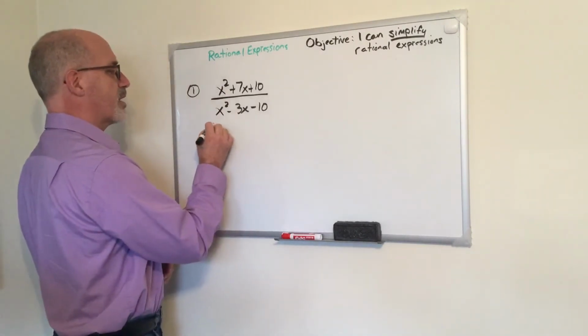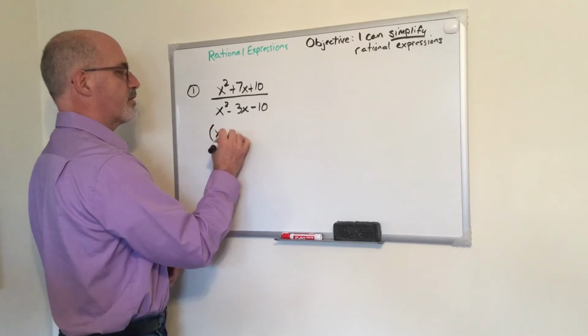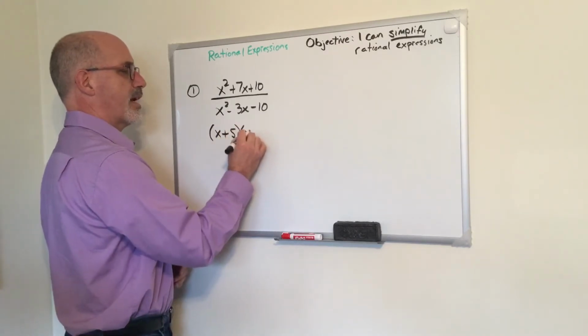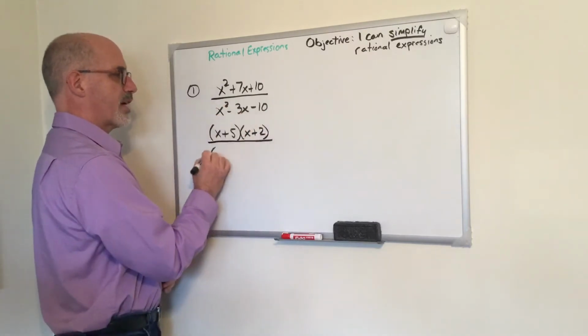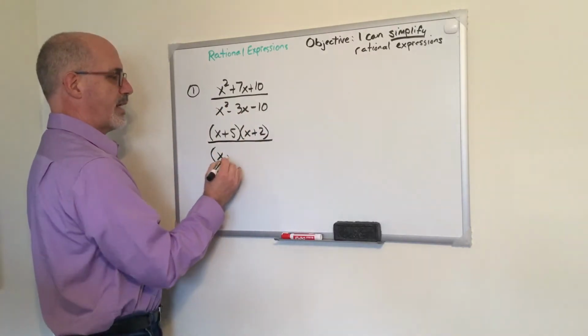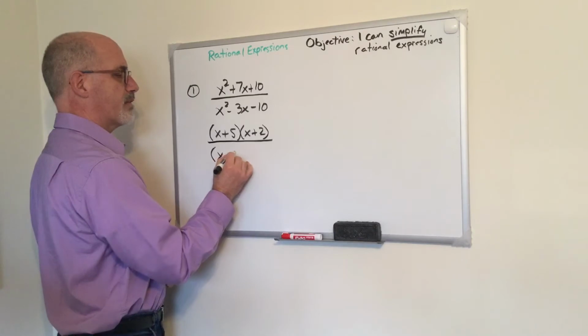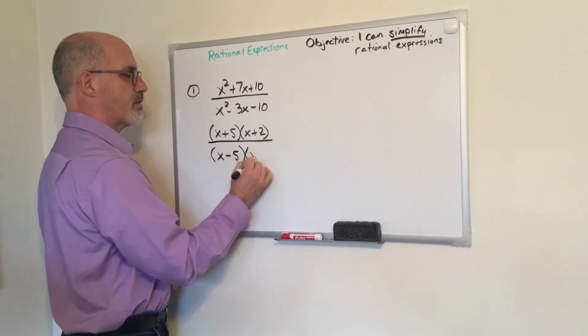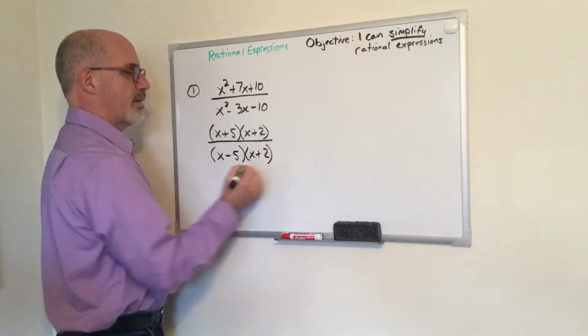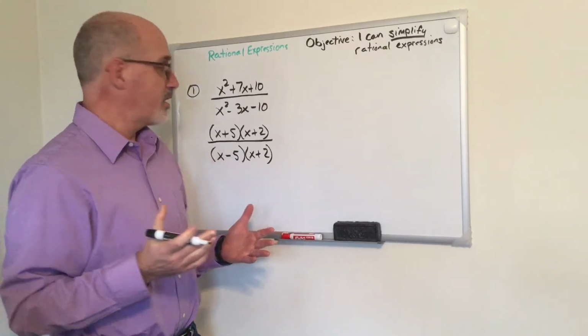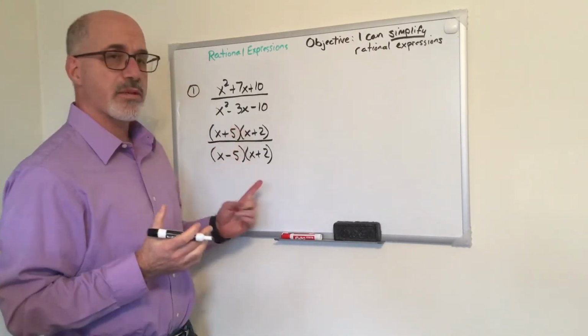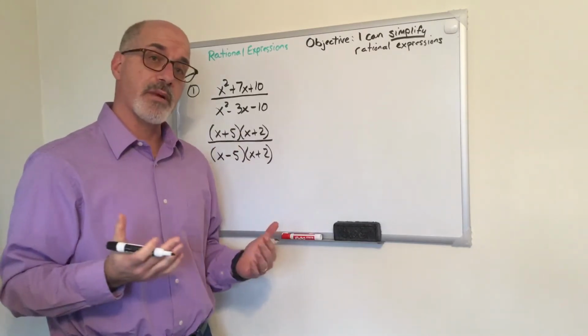When we factor the top, it becomes x plus 5 times x plus 2, and in the bottom this factors into x minus 5 and x plus 2. Now when we look at those factors, what we see very clearly here is that there's an x plus 2 factor in both the top and the bottom.